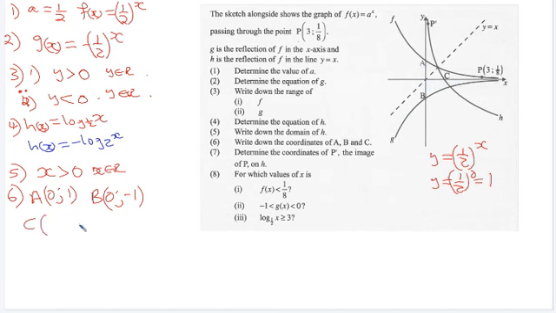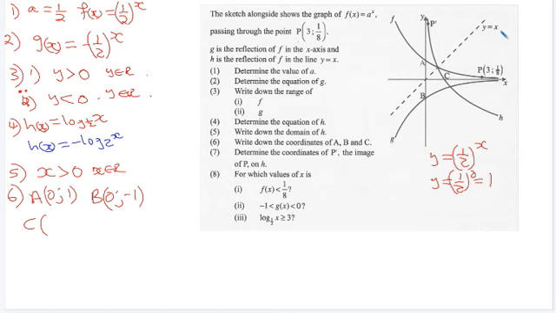And then C. Where is C? There is C. C is the reflection of A. Remember, this is the intercept, the only intercept for that. And then it is reflected in the line y is equal to x to give this one. So this C is the reflection of the A in the line y is equal to x.